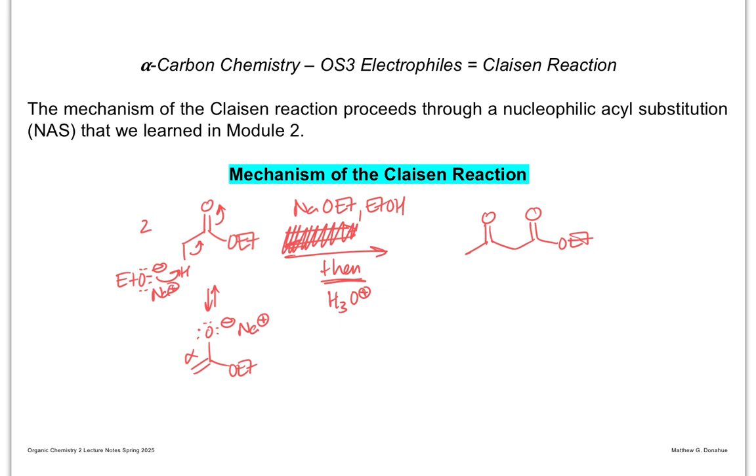Now it reacts with a second equivalent of ethyl acetate. So we reform the pi bond. The alpha carbon attacks that beta carbon. So that's a nucleophilic addition.